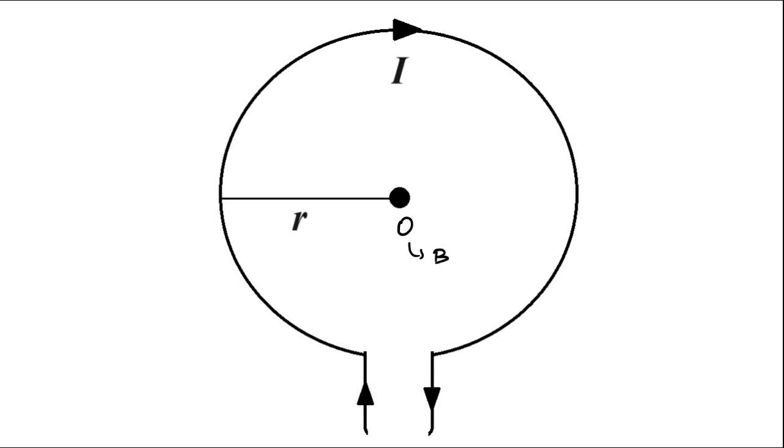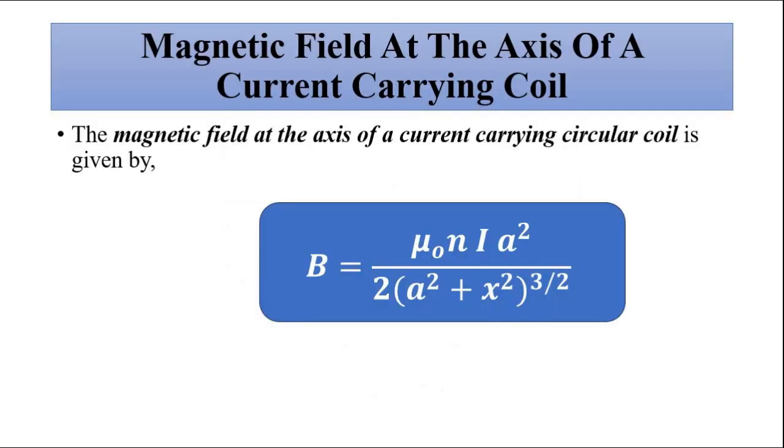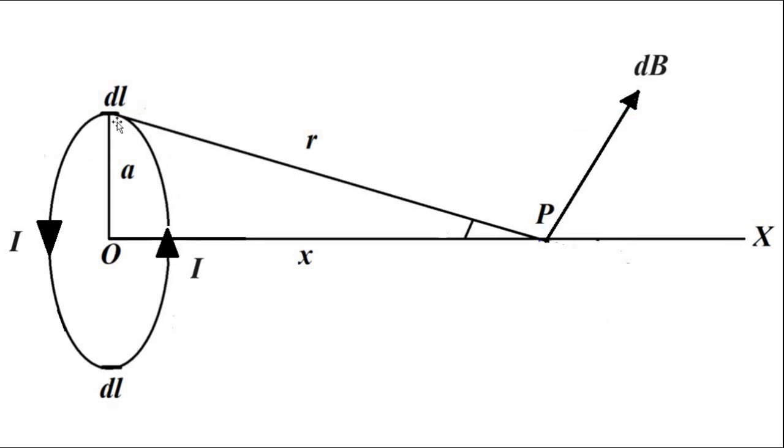Next is the magnetic field along the axis of a current carrying circular coil. A similar kind we have also discussed for electric field intensity. Let's say we have a current carrying circular coil of radius a, and we want to determine the magnetic flux density at a point P, which is at a distance x from the center of the coil along its axis.